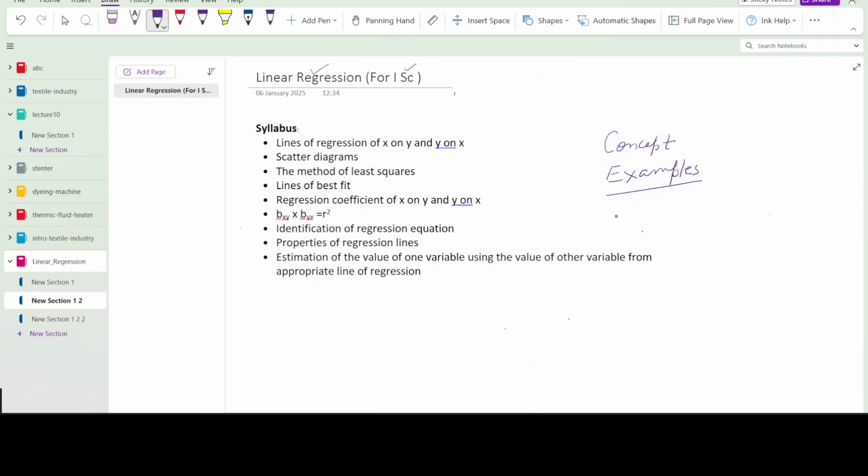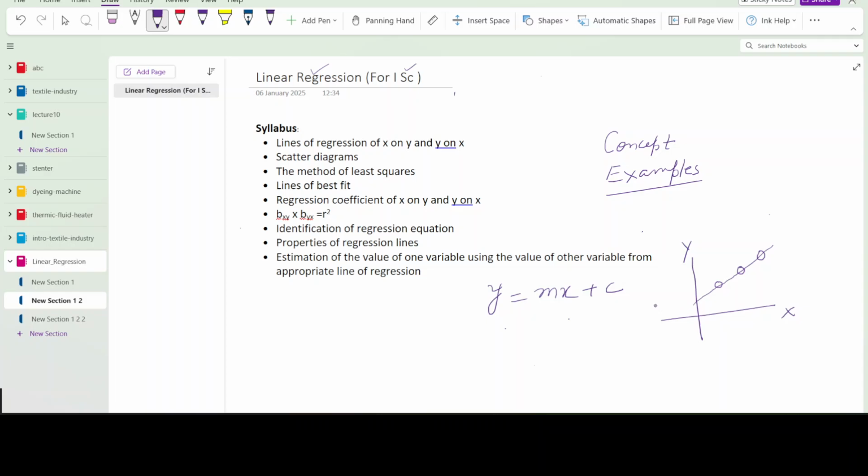You all are aware of the straight line equation y is equal to mx plus c. When we have data in such a way that all observations are lying on a straight line, the thing is very simple.